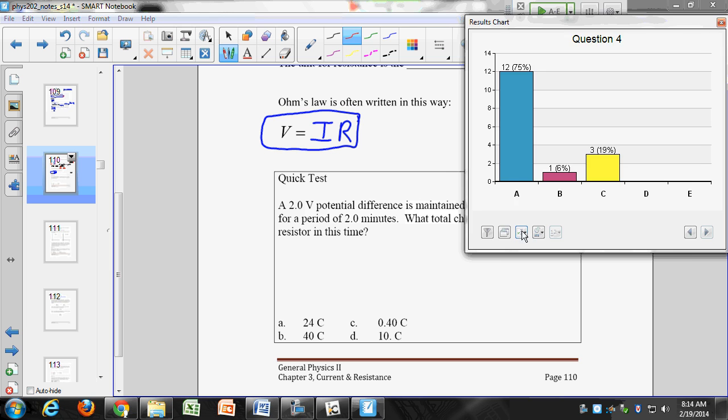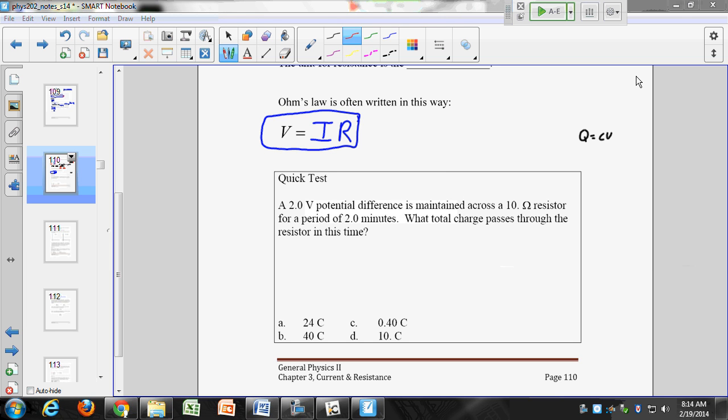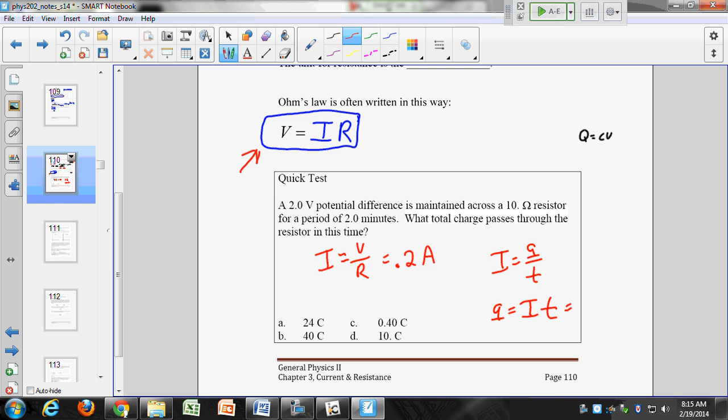All right. I think that's right, let's just check it. So, simple question, I just want to know, first, I have to figure out what is the current. That's going to be V over R from Ohm's Law, just solving that for I. That's going to be 2 over 10, which is 0.2 amps. And then I go back to my definition of current, which is Q over T. And I'll find Q, which is the current times the time.